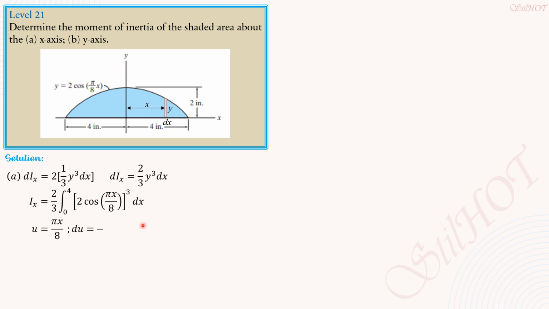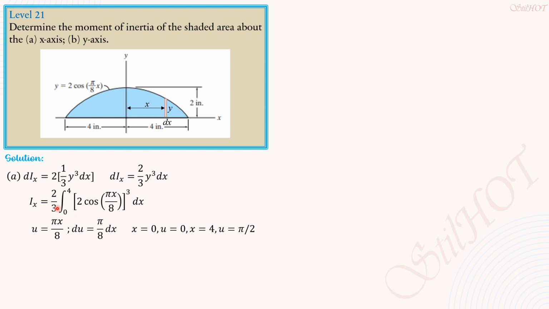So differential u is pi over 8 dx, and for the limits, when x is 0, pi times 0 over 8 is 0, so this is still 0. When x is 4, pi times 4 over 8 is pi over 2. So when x is 0, u is 0, and when x is 4, u is pi over 2.